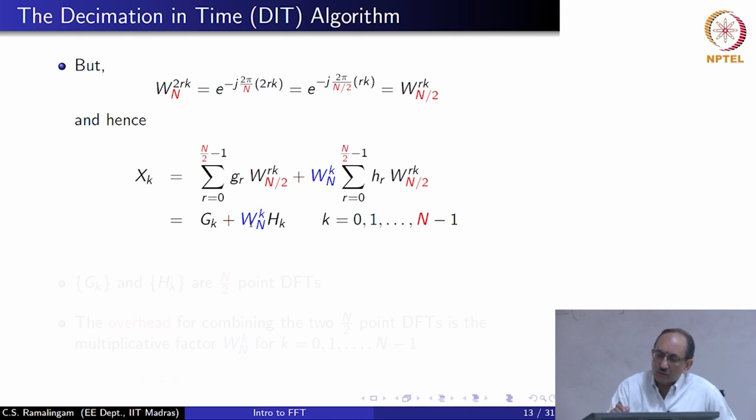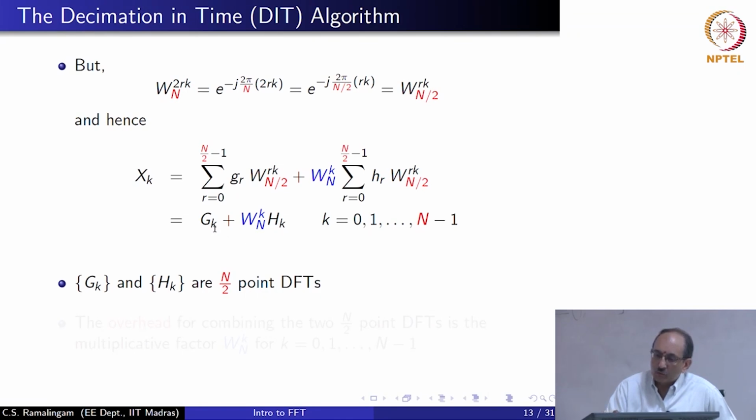with an extra term that is present, and k goes from 0 to n minus 1 because that is what the original index k went from. But remember, G[k] and H[k] are n by 2 point DFTs. An n by 2 point DFT is periodic with period n by 2.